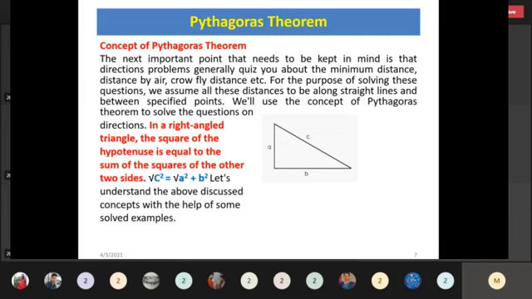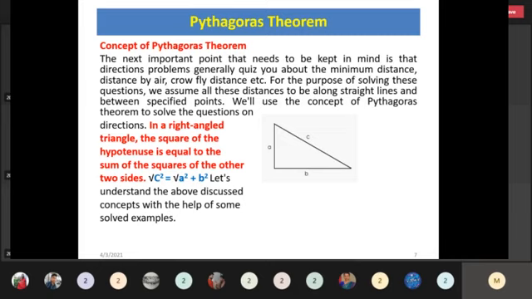The concept of Pythagoras theorem. The next important point to keep in mind is that direction problems generally quiz you about the minimum distance, distance by air, crow flight distance, etc. For the purpose of solving these questions, we assume all these distances to be along straight lines and between specified points.